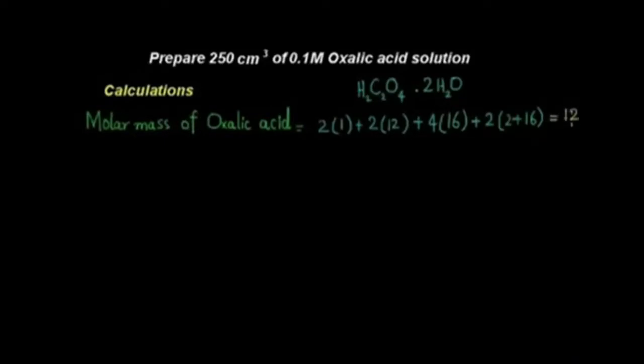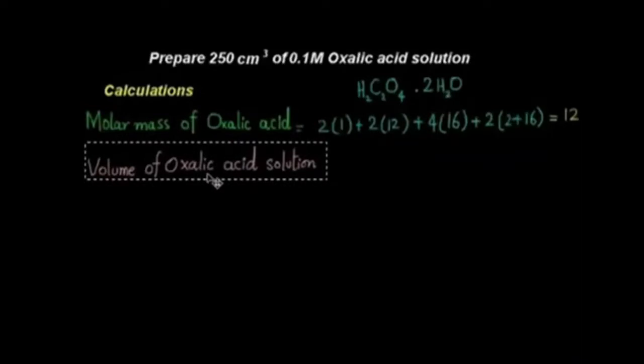Hence, in this way we get the molar mass of oxalic acid, which is 126 grams per mole.